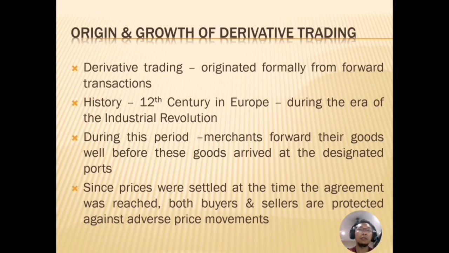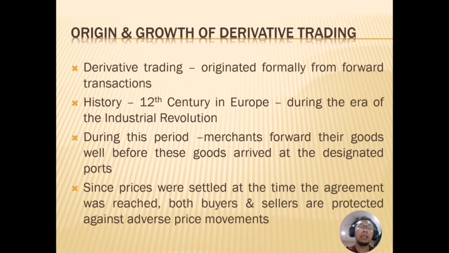Mungkin jarak jauh kan, so they had already shipped their products. Merchants forwarded their goods well before these could arrive at certain ports, pelabuhan. Since prices were settled at the time the agreement was reached, both buyers and sellers are protected against adverse price movement.